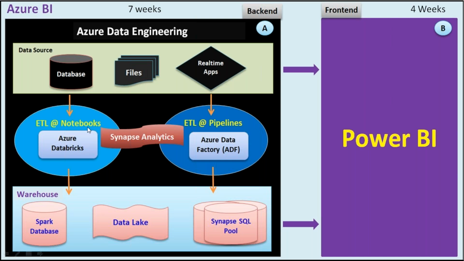And we have open source ETL, Microsoft ETL, and the gelling agent in between them, Synapse. Open source warehouse, Microsoft warehouse, and a common friend for both of them called data lake. These are all back-end activities on the left side. The front end is Power BI, a separate 1 month journey.